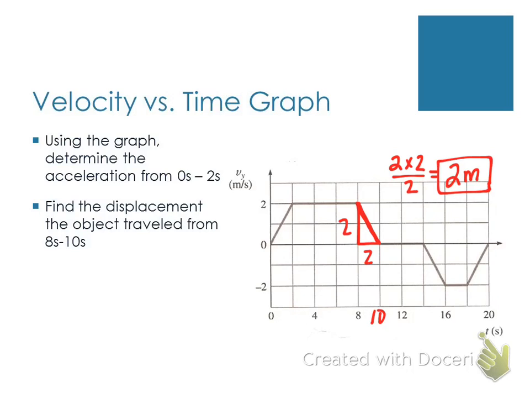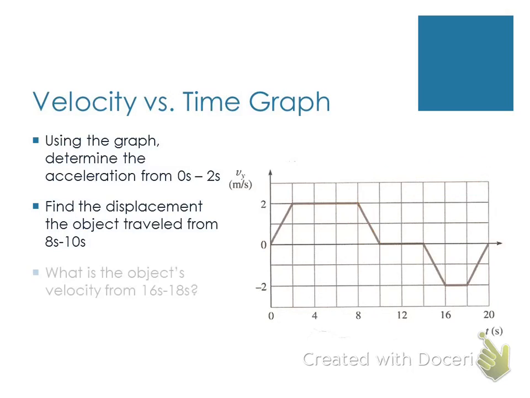All right. Questions about displacement? All right, let's try the last one on your handout. What's the object's velocity from 16 to 18 seconds? Yeah. 16 to 18 seconds is this little flat line right here.